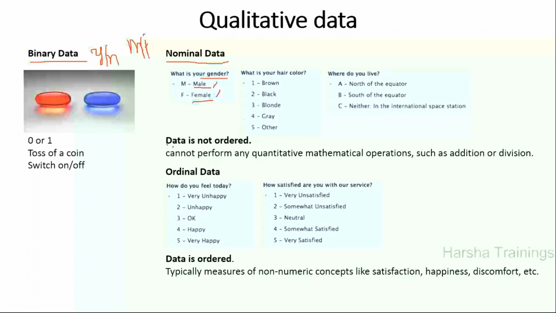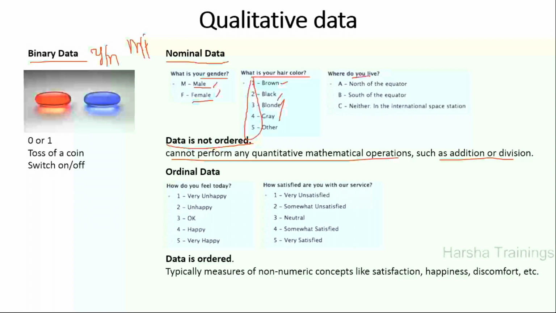Here, data is not in any specific order. Nominal data cannot be used for performing mathematical operations such as addition, subtraction, division, and multiplication. For example, what is the hair color? They are not ordered. Brown, black, and so on. You may write any color as the first instance, it doesn't matter.